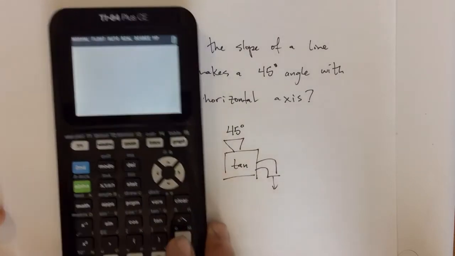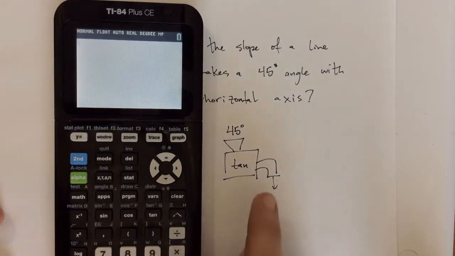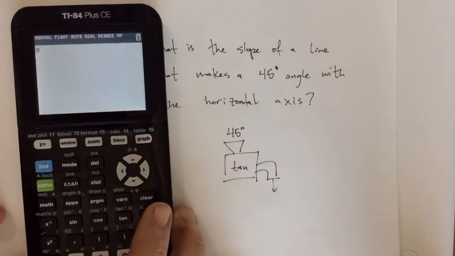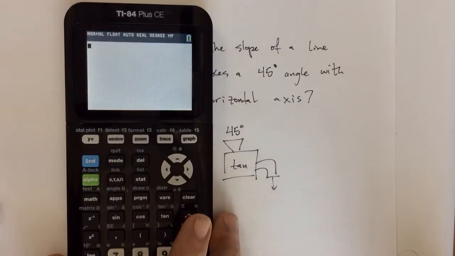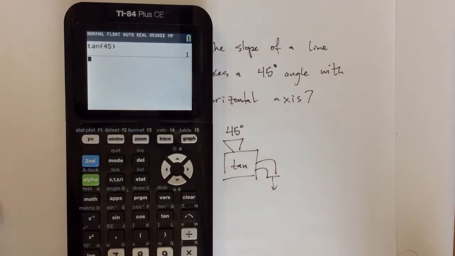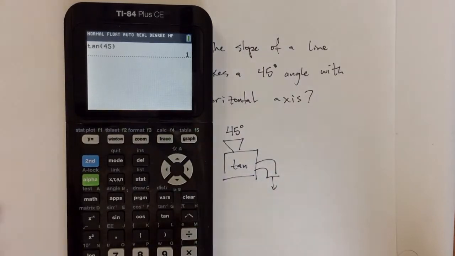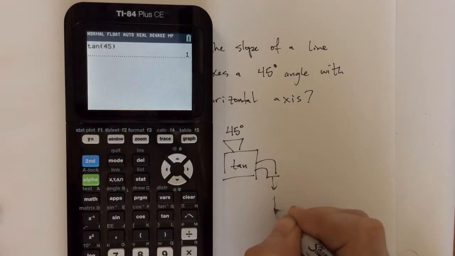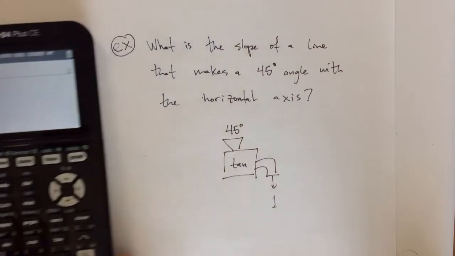Okay, so let's use our tangent function to decide what's the slope of a line that makes a 45-degree angle with the horizontal axis. Okay, so what I'm going to do is push the tangent button, put in 45, push enter, and it tells me 1. So the slope of a line that makes a 45-degree angle with the horizontal axis is 1.